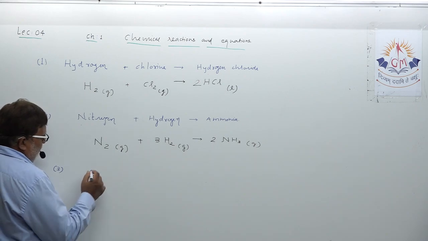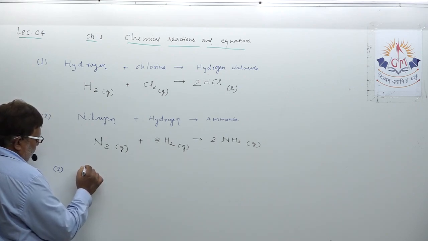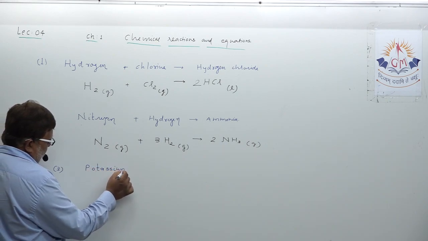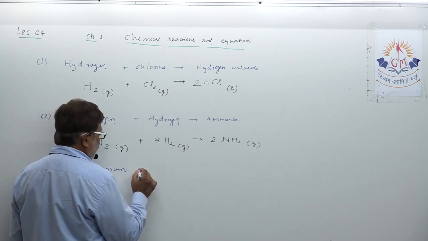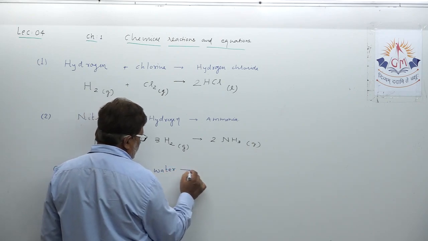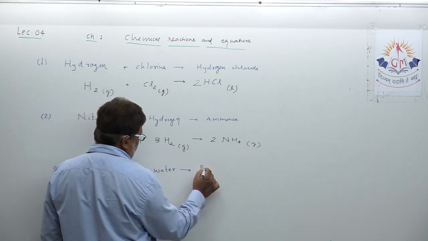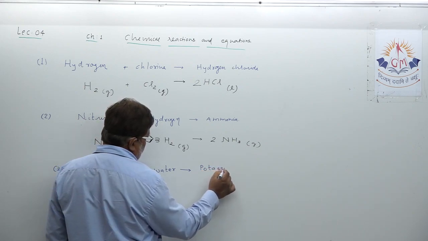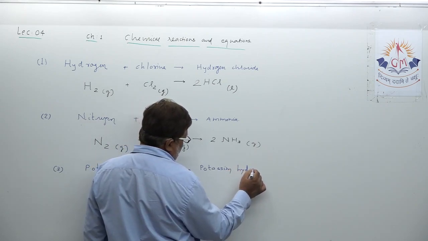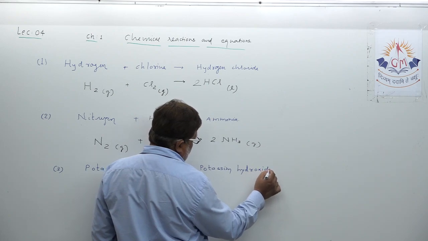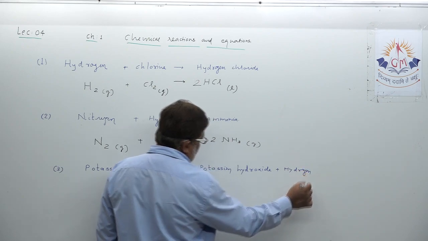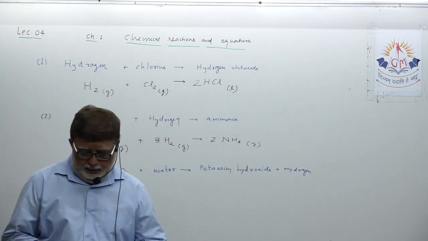I am writing a word equation: potassium when it reacts with water produces potassium hydroxide and also hydrogen gas.